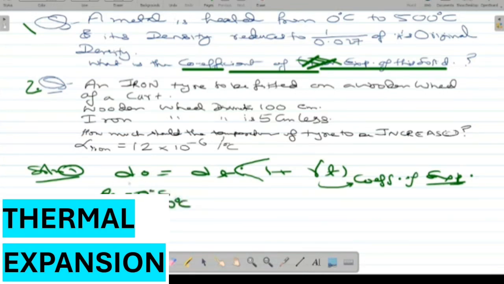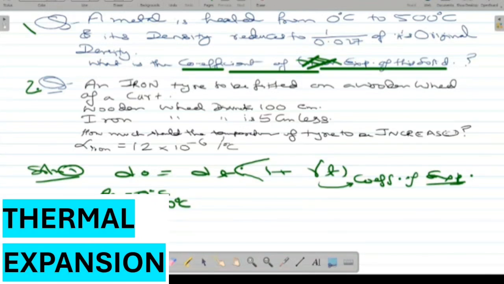So they are asking for the density, which reduces to 1 by 0.027. That means we can say that the final density will be equal to 1 by 0.027 of d0.